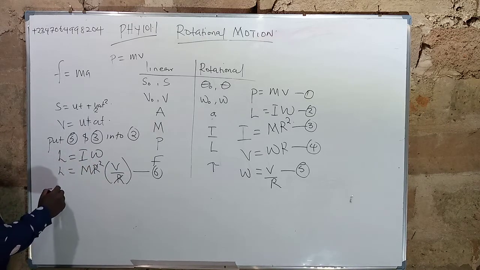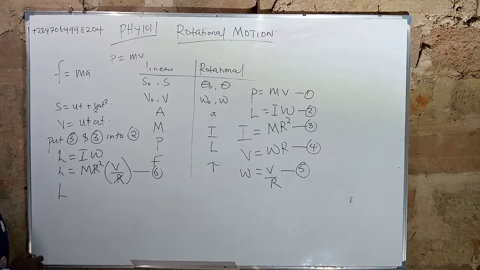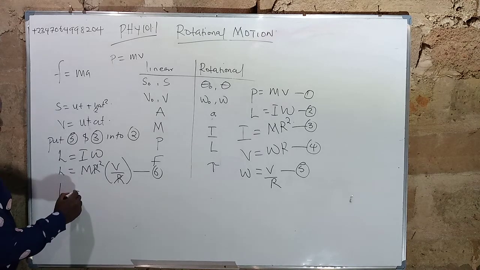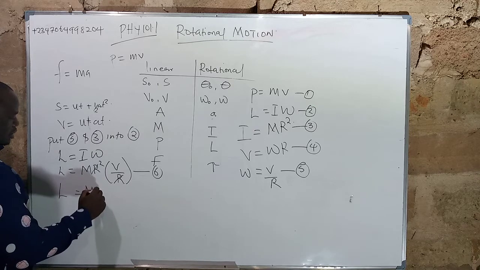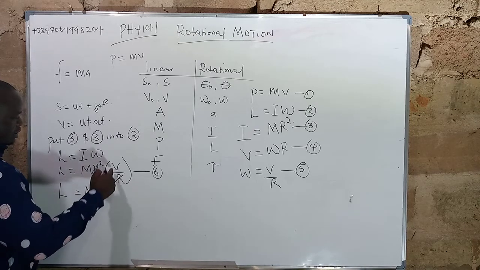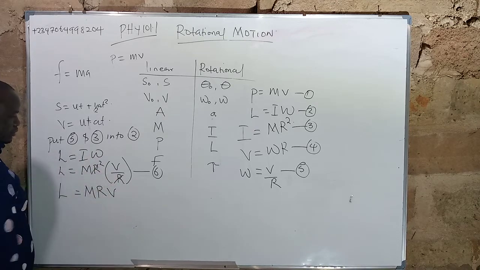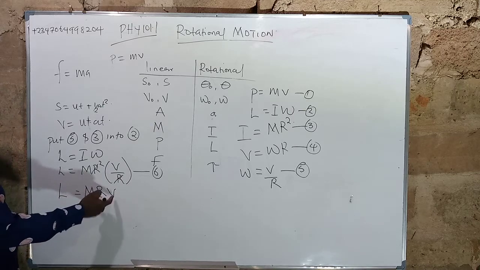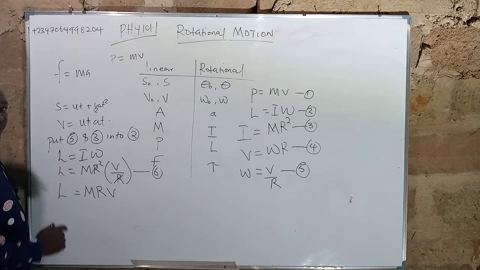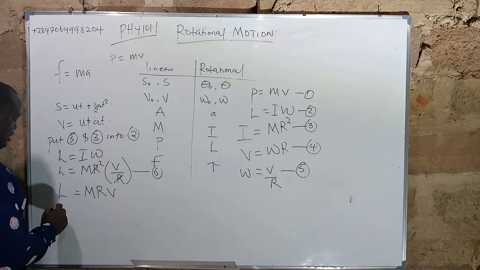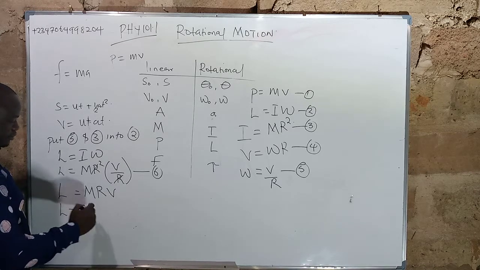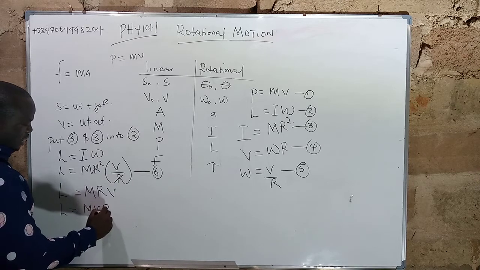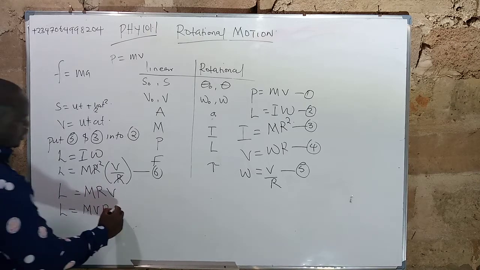This R will cancel this R. So the rotational momentum will now be capital M, R and V. I just want to readjust it because I want to collect something here. I can just write this, L is equal to capital M V R.